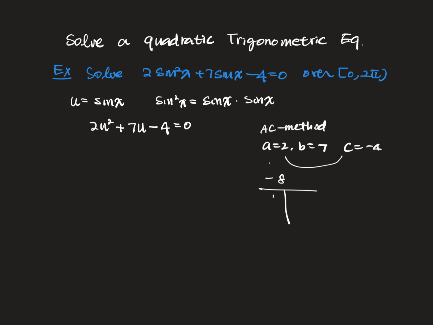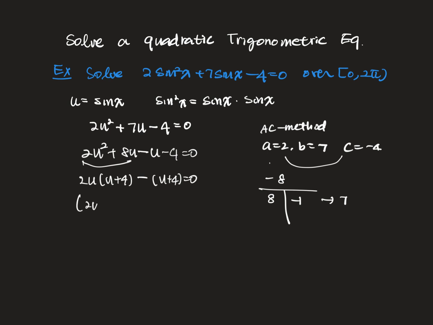I'm going to say 8 and negative 1, which add together to 7. So here we have 2u squared plus 8u minus u minus 4 equals 0. So this is 2u times (u plus 4) minus (u plus 4) equals 0. So (2u minus 1)(u plus 4).